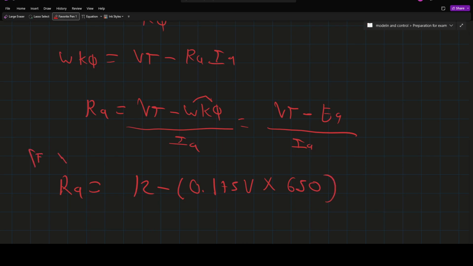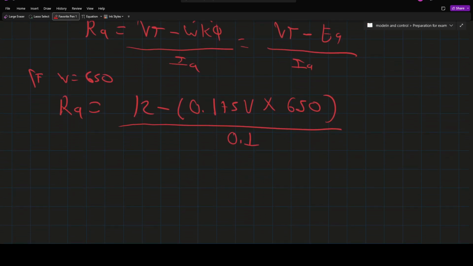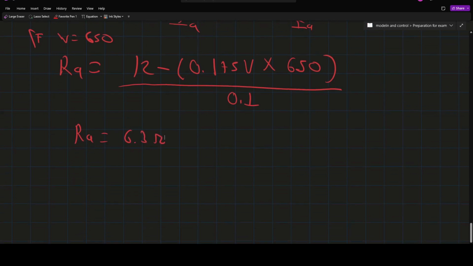So this is if omega is 650. So we divide by Ia, that is, they gave us 0.1 amps. So we get a resistance of 6.3 ohms. Okay.